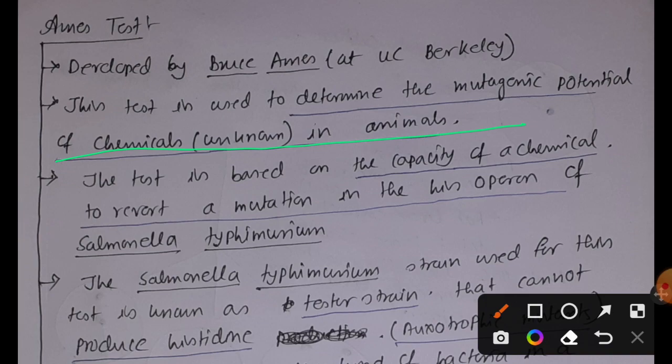So this test is based on the capacity of a chemical to revert the mutation in the histidine operon of Salmonella typhimurium. This Salmonella typhimurium is not a normal kind. We are taking an auxotrophic strain of Salmonella typhimurium, and this kind of strain is also known as the tester strain.